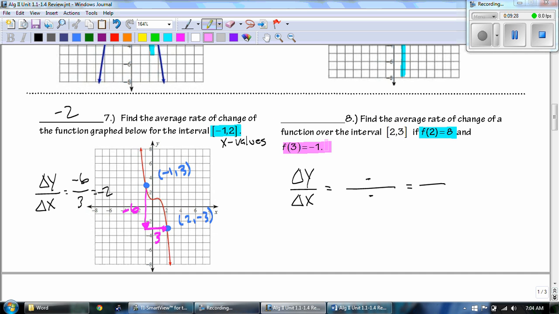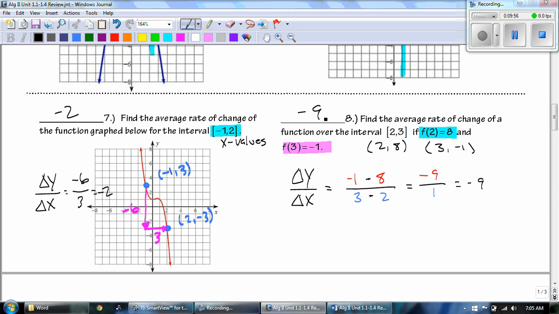My first point is 2 comma 8, and then our second point is 3 comma negative 1. So the y's go on top. Negative 1 minus 8 is negative 9. And then our x's go on bottom. 3 minus 2 is 1. And then negative 9 divided by 1 is negative 9.